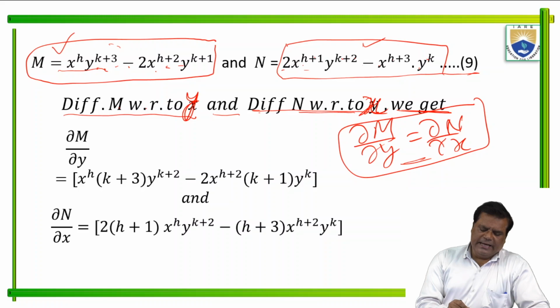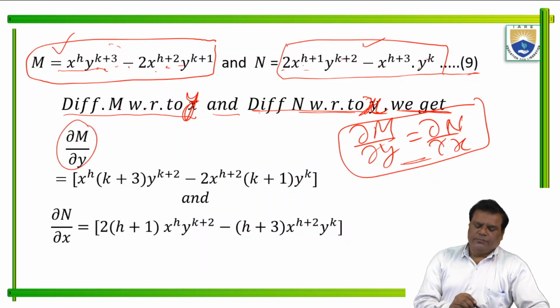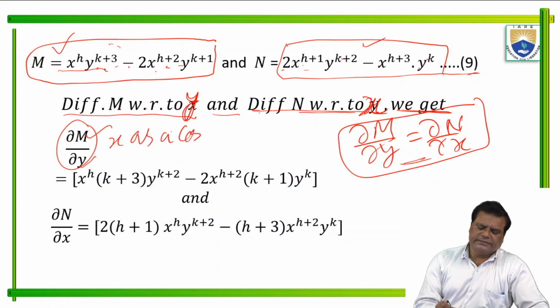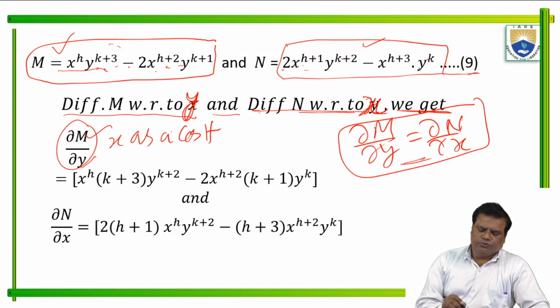So we get del M over del y, the partial differentiation of M with respect to y, keeping x as a constant. Here x to the power h is constant, so I keep it constant. The derivative of y to the power k plus 3 is k plus 3 times y to the power k plus 2.